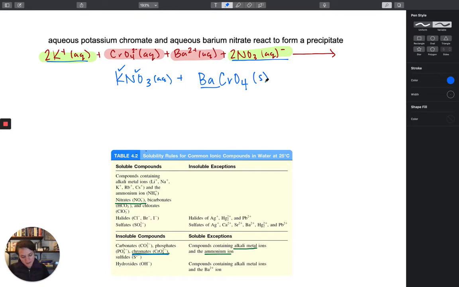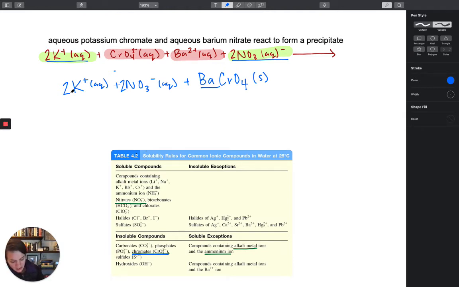And in fact, if we wanted to reflect what's happening in solution again, because that KNO3 is aqueous, we could just write it as K+ aqueous plus NO3- aqueous plus our solid. You want to make sure that your equation is balanced, otherwise it's disobeying one of the laws of our universe.